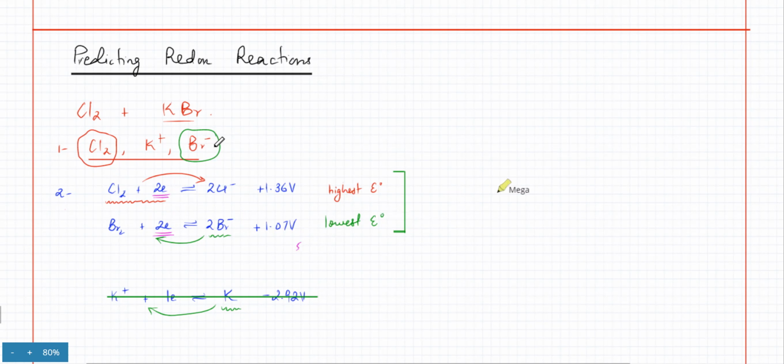Add up the reactants. In the first equation, the reactant is Cl2. In the second equation, the reactant is 2Br minus 1. And you add up the products. In the first one, the product is 2Cl minus 1, and in the second one, the product is Br2.